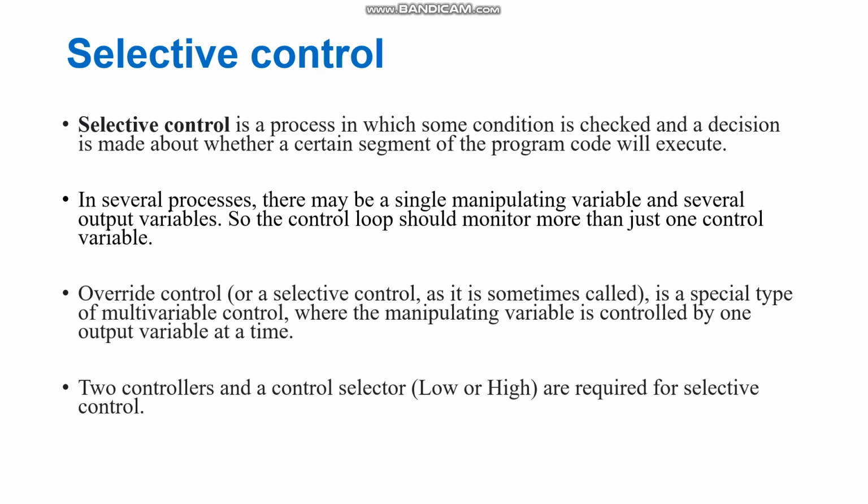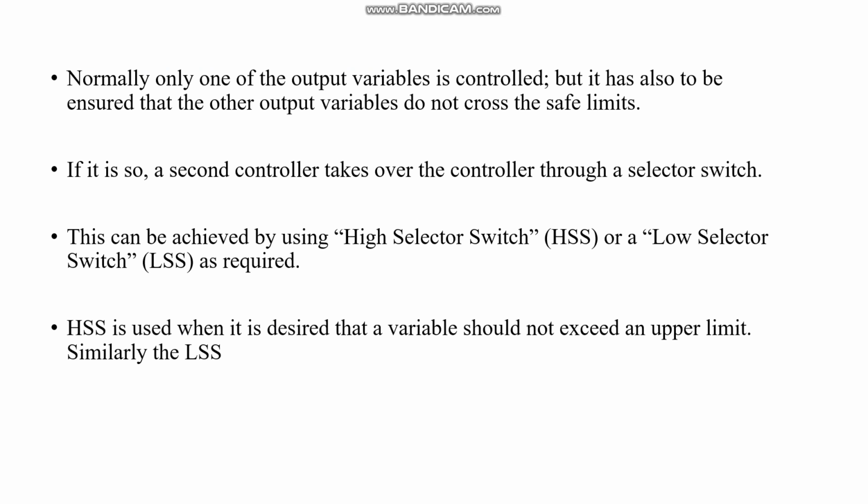So two controllers and a control selector, that is, a low or high selector switch, are required for selective controllers. Normally only one of the output variables is controlled at a time in this controller, but it also has to be ensured that the other output variables present in the system do not cross their safe limits.